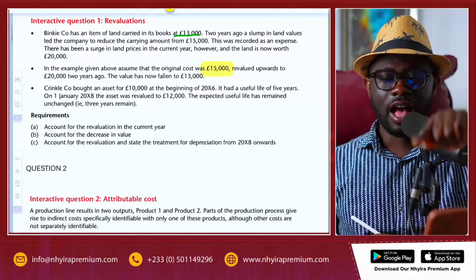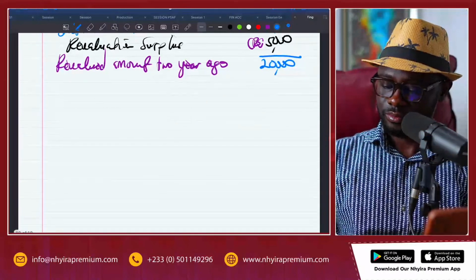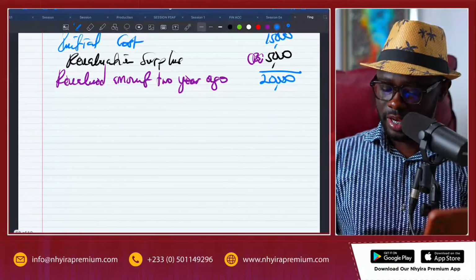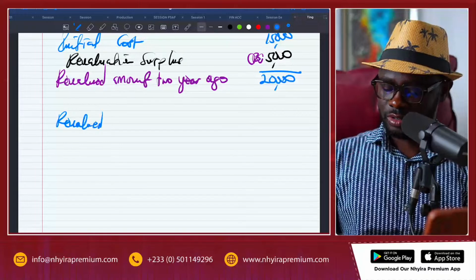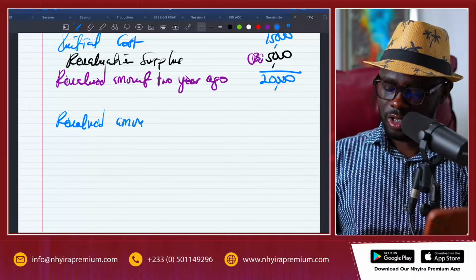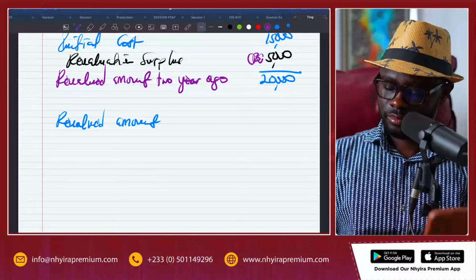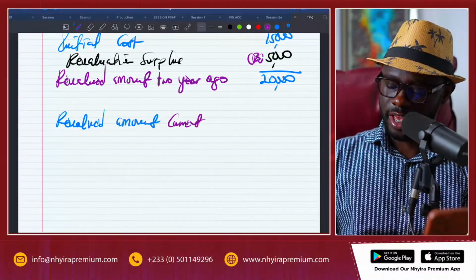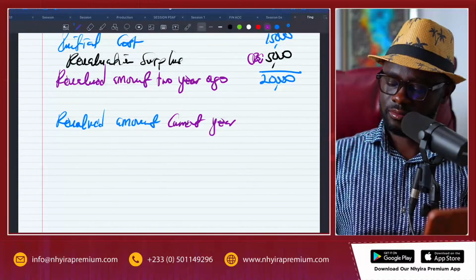Then they said the value has now fallen to £13,000. So we bring in the revalued amount. Again, this is land, so we keep it simple; we will calculate depreciation in a moment. So revalued amount in current year, 13,000.